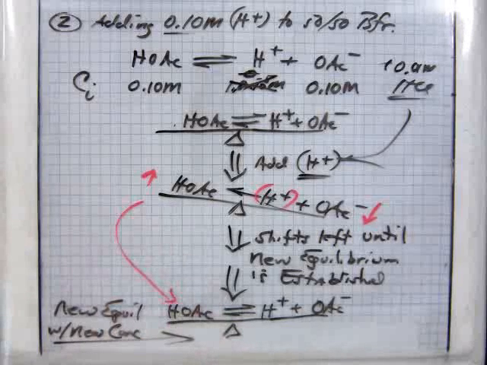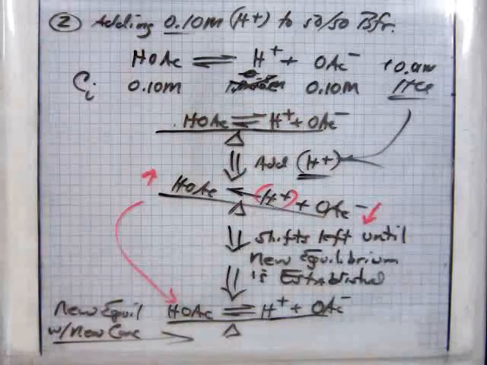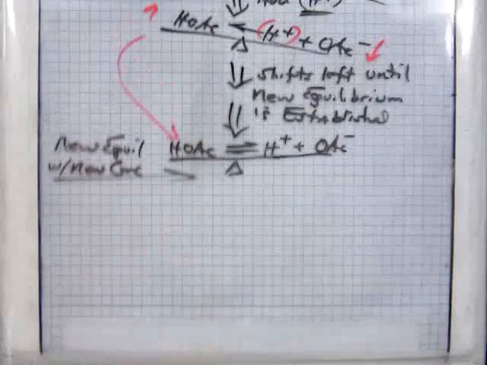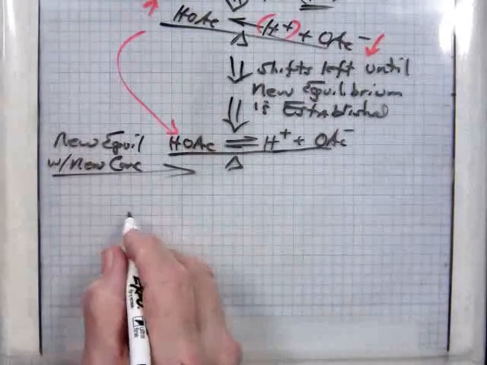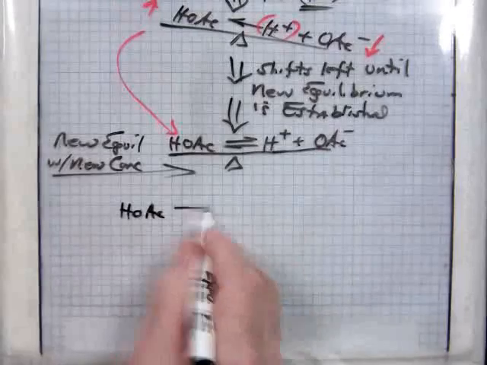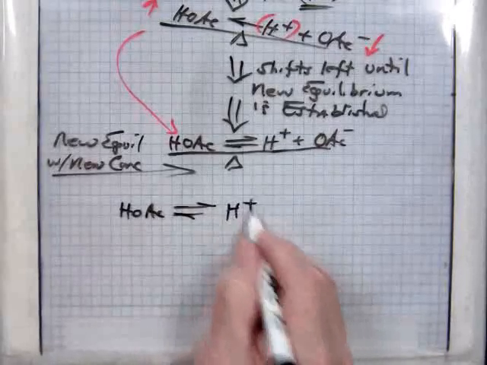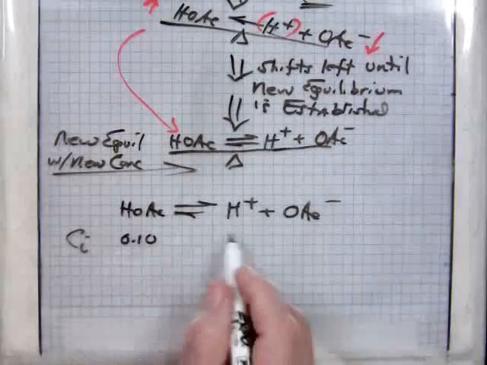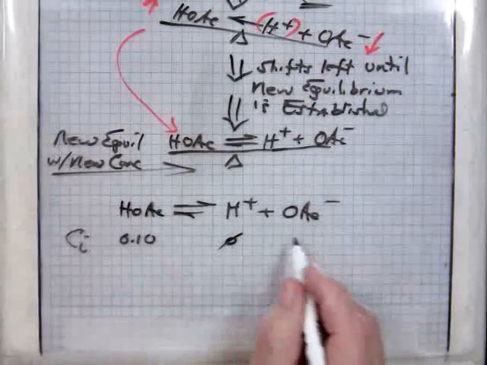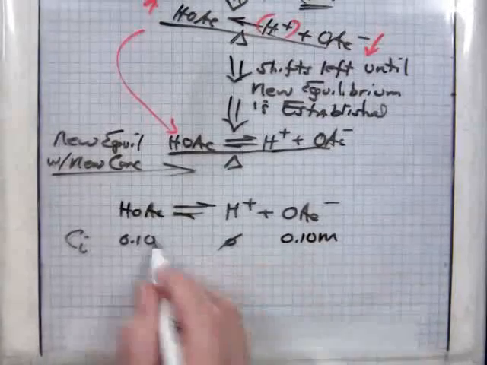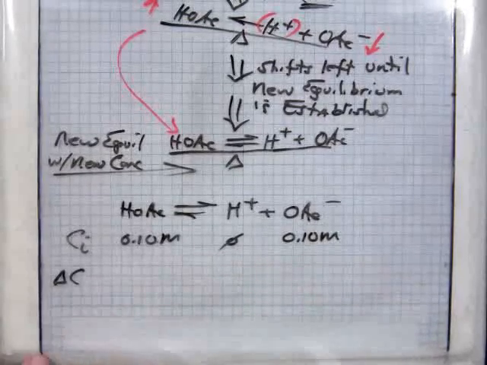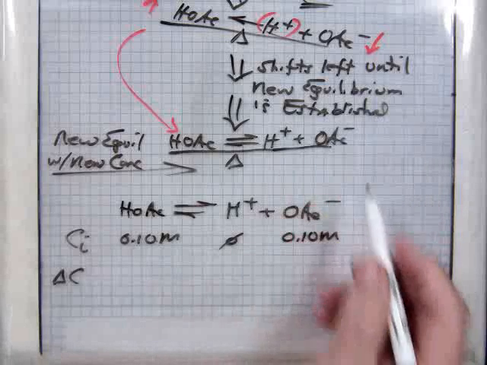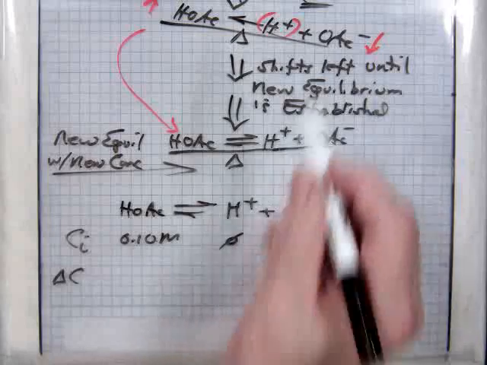Now, this is how that's dealt with in the ICE table. Let me show you this. Let me rewrite that ICE table. I'll leave that much up there. Okay, so we have HOAc, H plus, and the acetate ion, initially 0.10. We'll say the hydrogen starts at 0, and 0.10 molar in each of those. Now, what are the changes? It's got to change to remove that excess hydrogen.